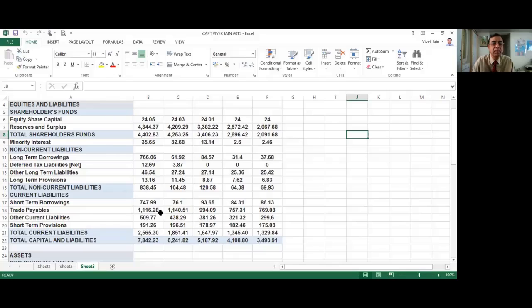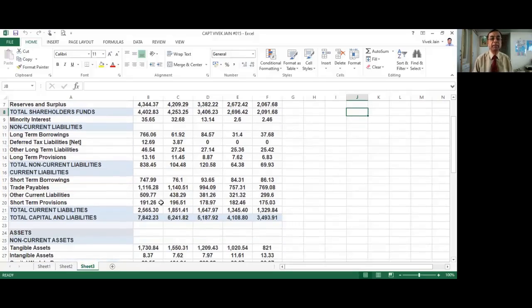Short-term borrowings also have been meager all along, as you can see. In the year 31st March 2020, it has gone up substantially to 748 crores. Trade payables are more or less quite similar, from 769 to 1100 crores. Other current liabilities are also in reasonable limits.